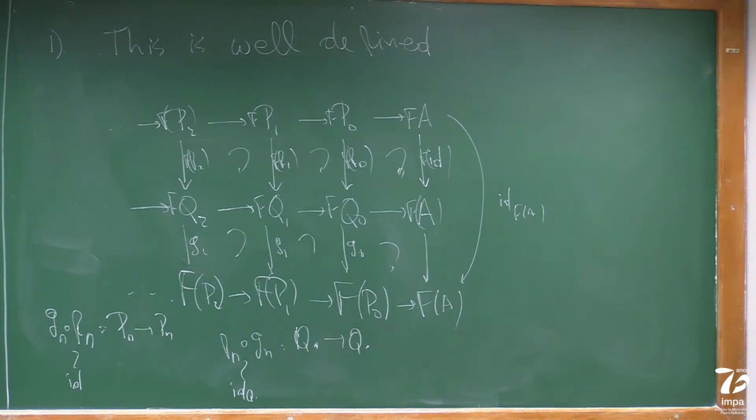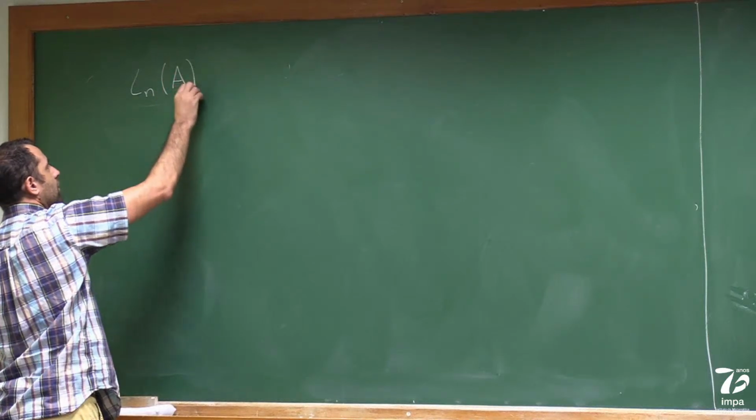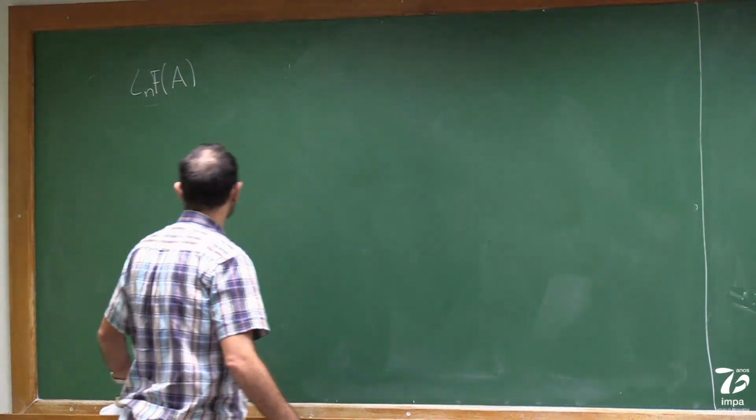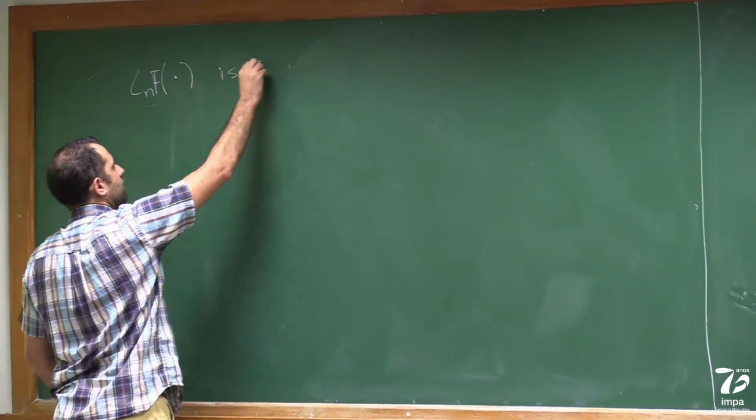Well, not really. What we've defined is an object of the category B. I need to check that this is a functor, that these are functors. So Ln F of A is a functor.